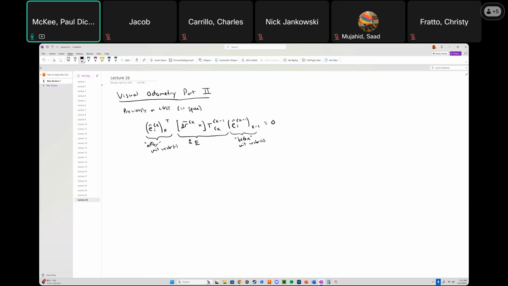Okay, so all of our interesting state information, which is our rotation and our translation, lives in the E matrix. And our measurements are on the sides.